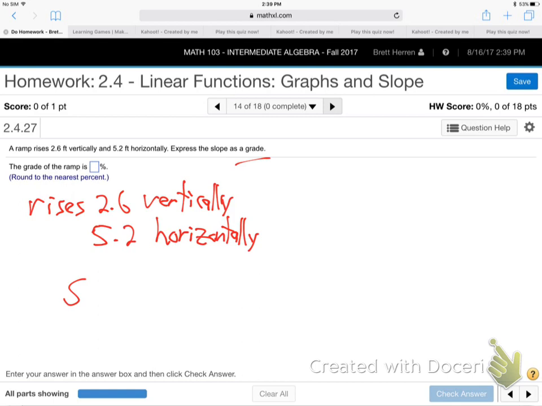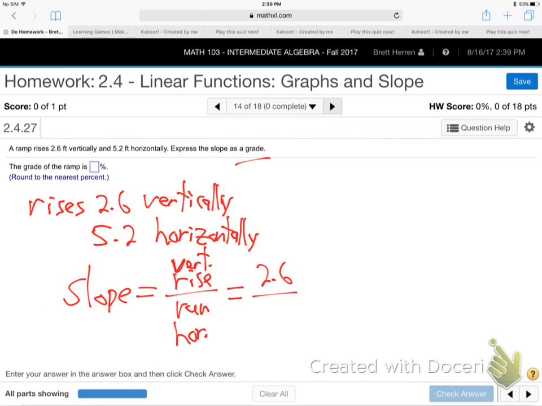It's like the grade of a road. All right, so what's the slope? Well, you know what slope is. Slope is rise over run, meaning vertical over horizontal. So vertical, 2.6, over horizontal, 5.2.